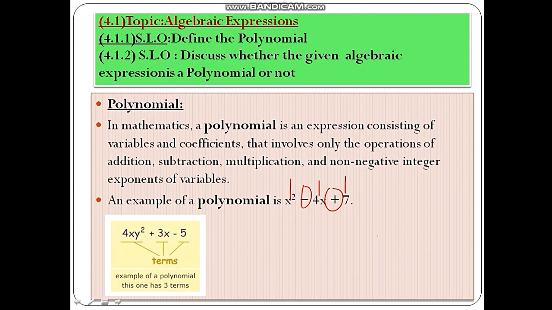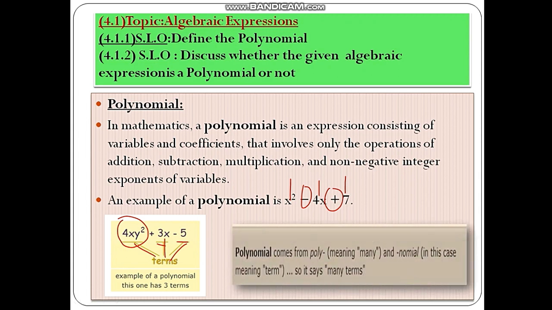Here we also have 4xy square plus 3x minus 5. These are 3 terms, and this is an example of a polynomial with 3 terms.